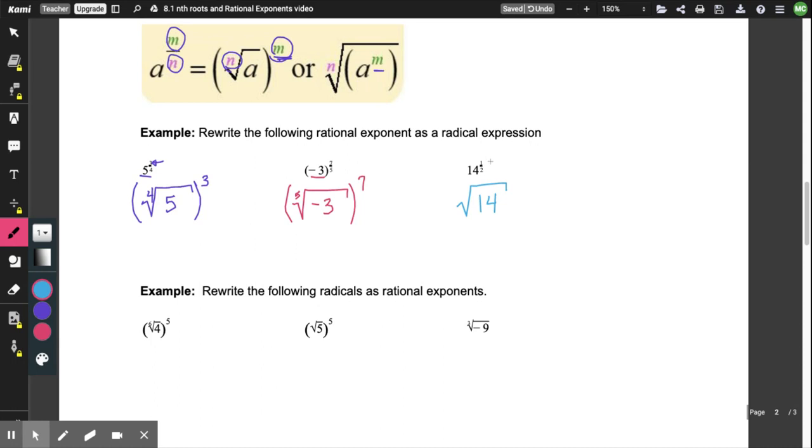Now an exponent of 1 is understood if you don't write it, so I'm not going to write it. The bottom number is my index number, so my denominator of my exponent there, that's the index of my radical. Now an index of 2 is just a square root. So that means I don't have to write that 2 either. I could just write this as square root of 14 like it is right there.